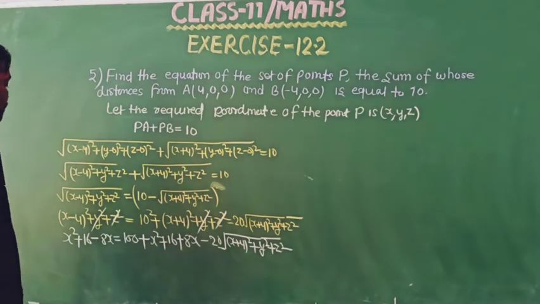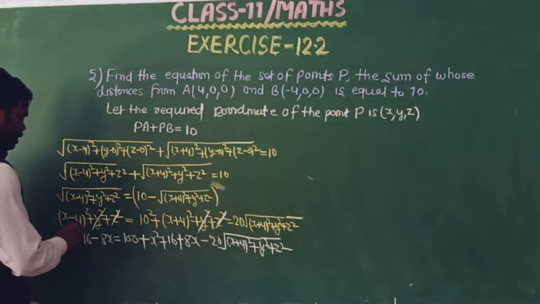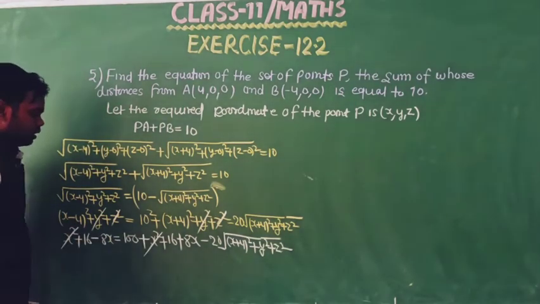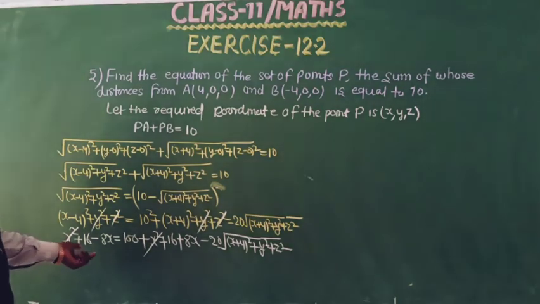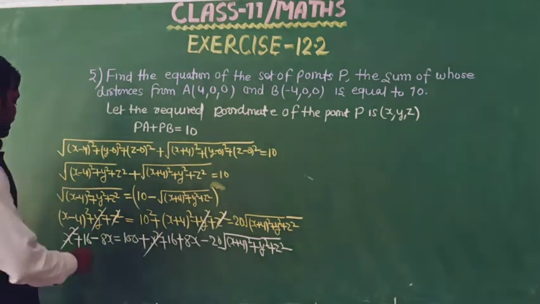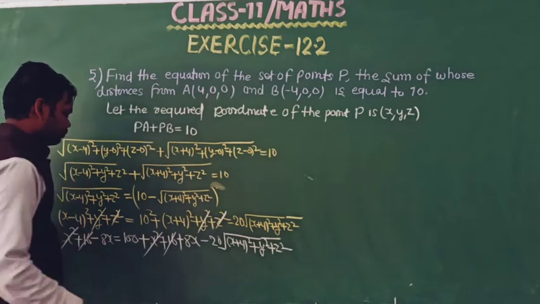Okay, so again we can cancel out x square and 16 from both sides.